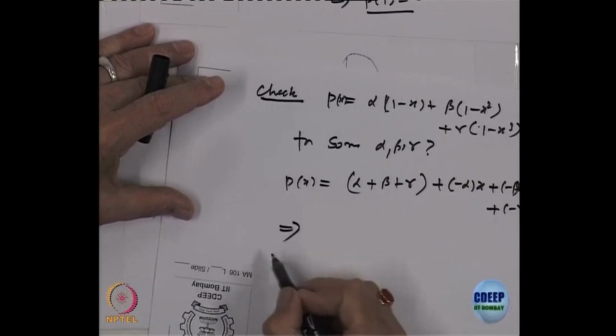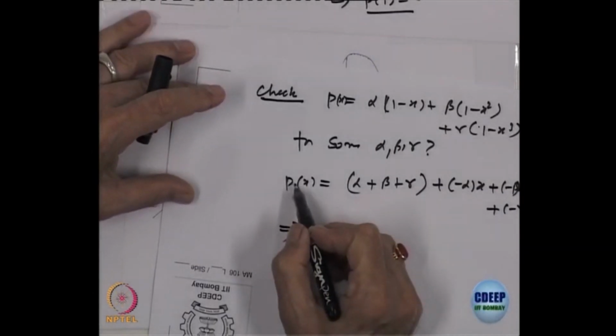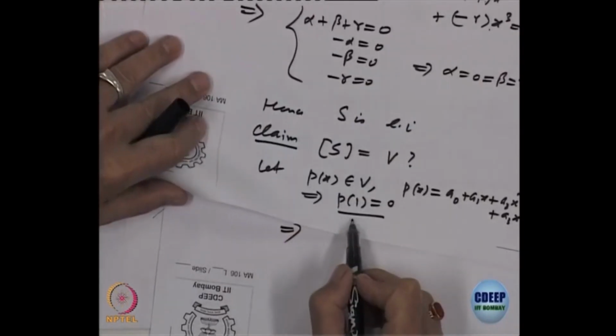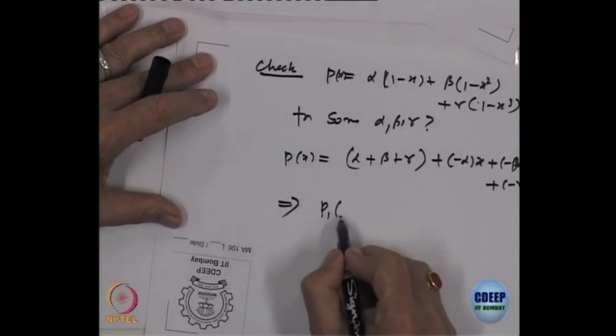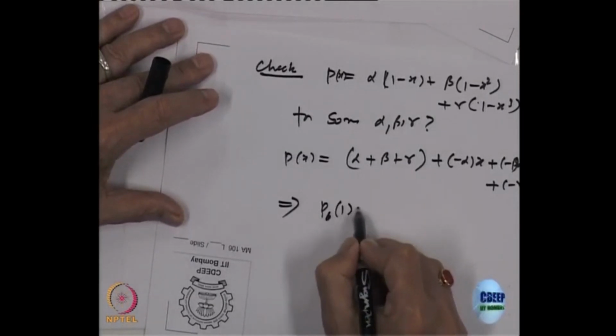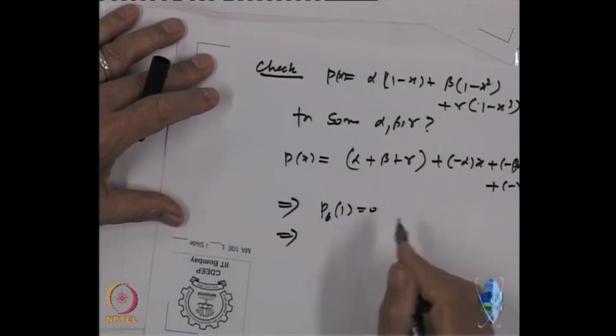Now, what is the property of P given to me? P was in V, so P(1) is equal to 0. What does that imply?